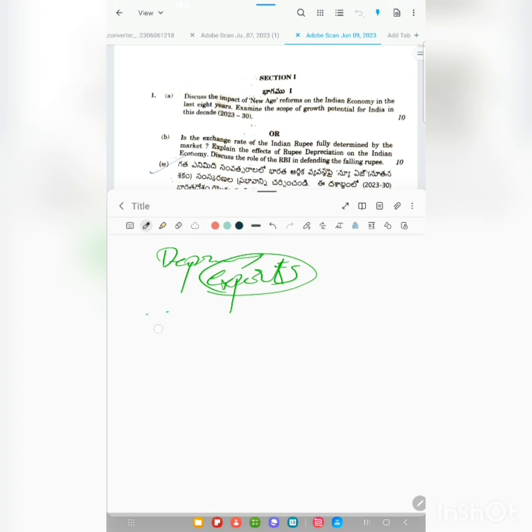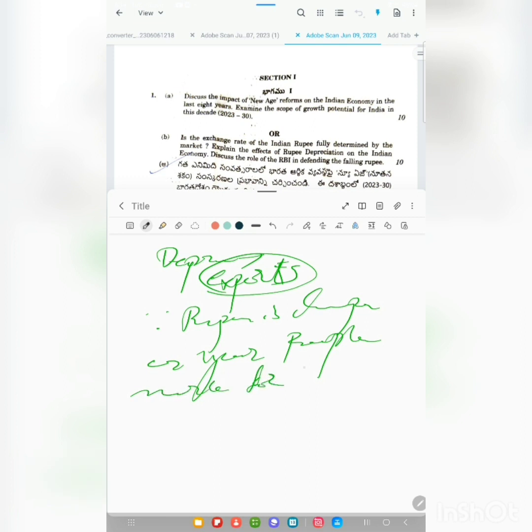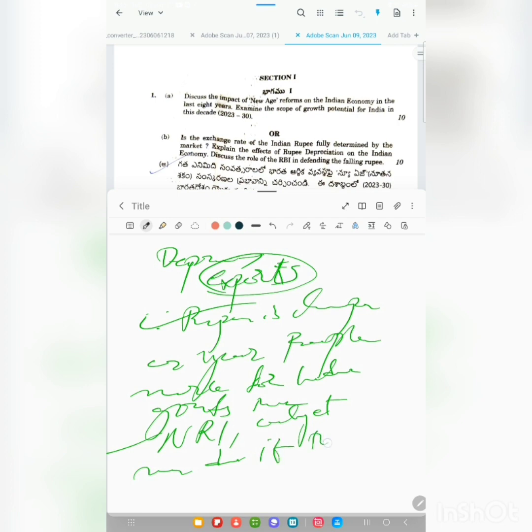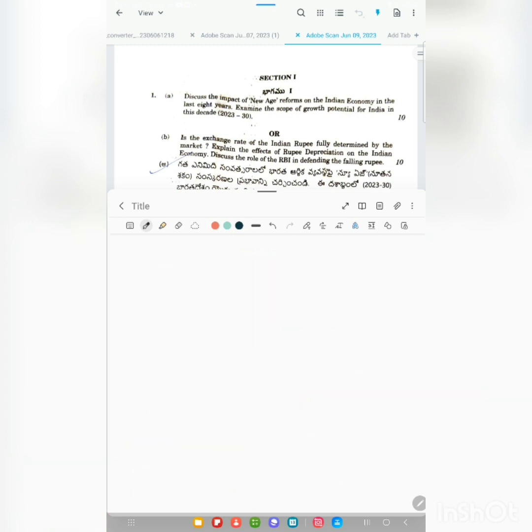Since the rupee is cheaper, the market for Indian goods increases, and the NRIs will get more dividends if they invest the amount in India compared to their domestic country. Similarly, the bond market is also affected.